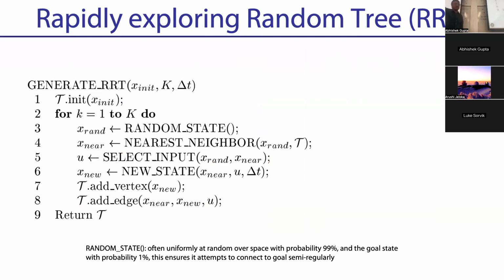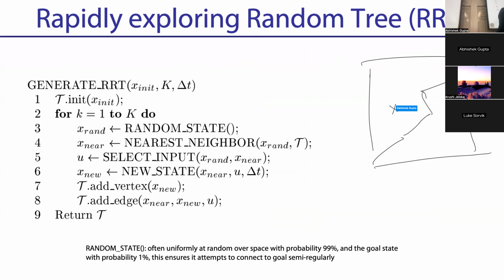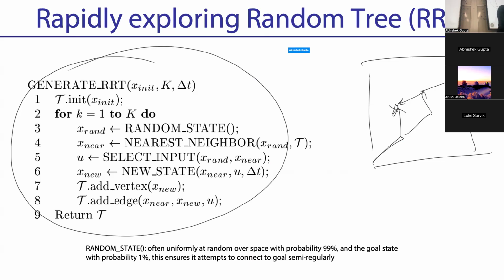But the path may not have been the most straightforward one to get there, right? For instance, say I'm trying to grow my tree, and let's say I sample this one. It could be that it connected to here, but the path to get here might have actually been shorter this way, right? So if I wanted to change this algorithm to get the paths to be more direct, how do I do it? Approximately, we don't have to invent the exact solution. Give me the vibes.